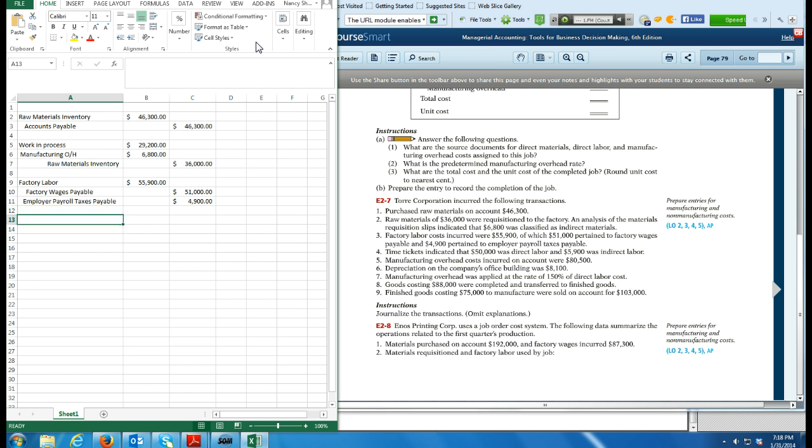Okay, as we move on, time tickets indicated that $50,000 was direct labor and $5,900 was indirect labor. So again, from here, we're going to show work in process inventory of $50,000. We're going to show manufacturing overhead, because remember, all of our manufacturing overhead costs are going to get put into the manufacturing overhead account, and it's going to be accumulated, the actual cost.